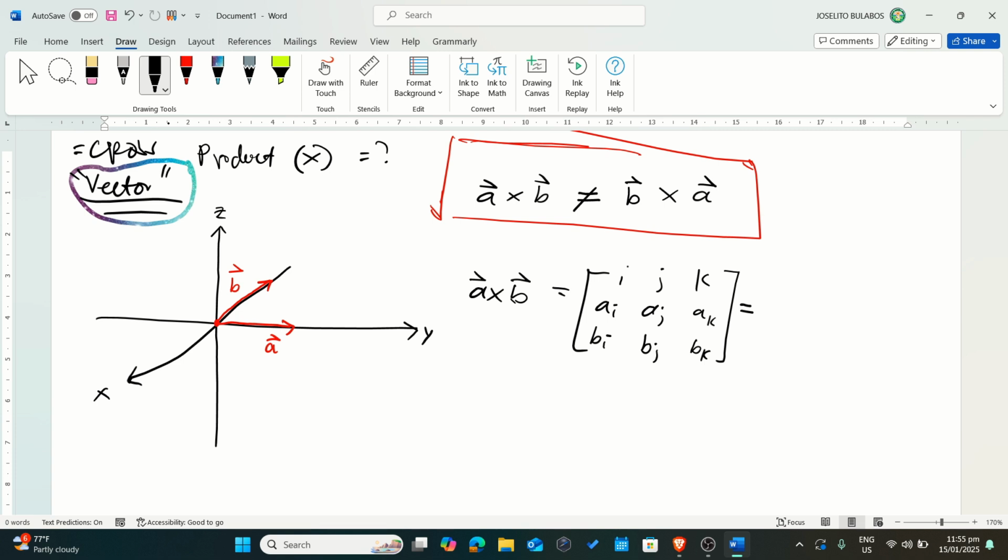So we will get, we have to first do this one, multiply this, subtract by, so let me just write it down for you. So we have here AJ times BK minus AK times BJ minus the next one.